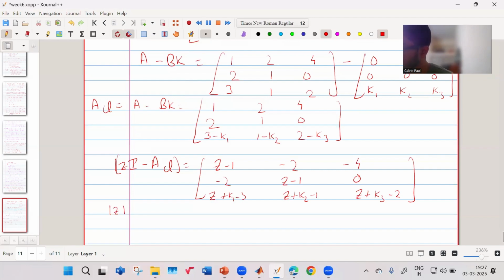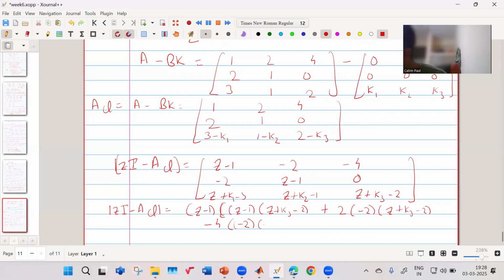Then we take the determinant of zI minus A closed loop. That will be (z-1)(z-1)(z+K3-2) plus 2 times (-2)(z+K3-2) minus 4 times (-2)(z+K2-1) minus (z-1)(z+K1-3).